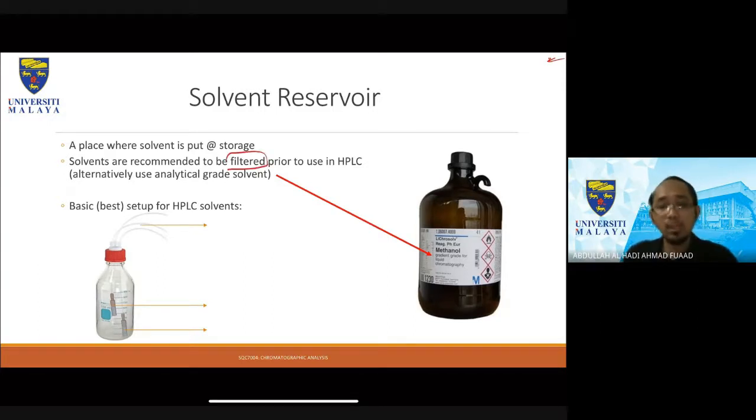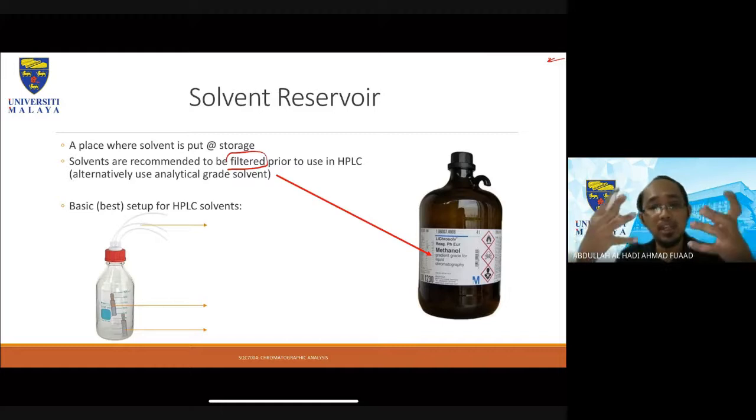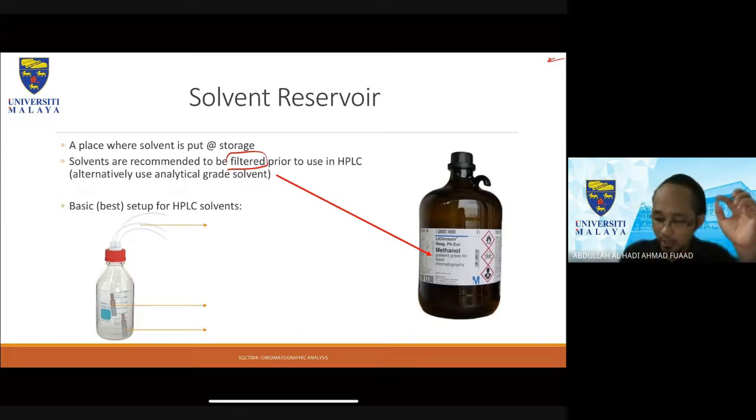So if you purchase a pure anhydrous solvent that has a micro sieve inside the bottle, some solvent has micro sieves to make sure that your solvent is kept anhydrous. So it is recommended to always filter your solvent before you use it in your HPLC system.